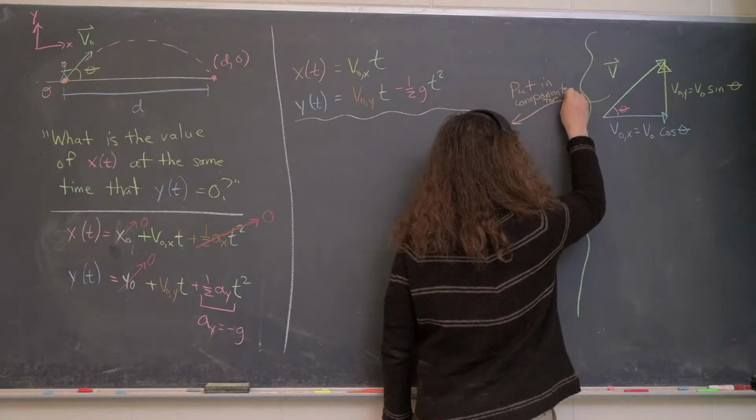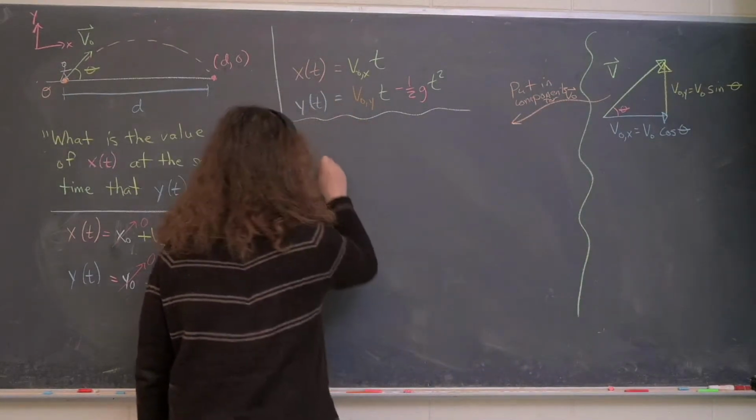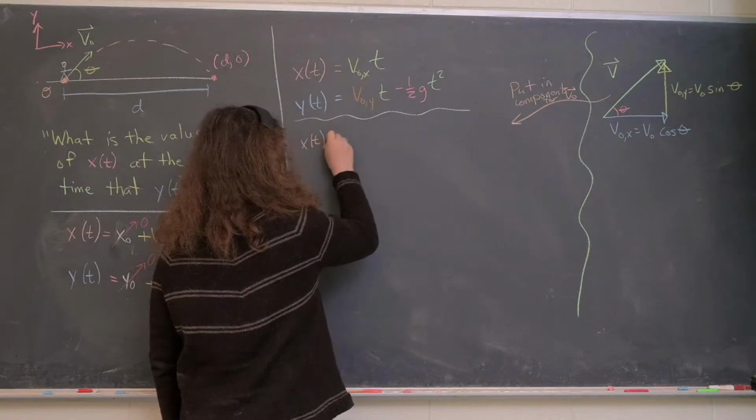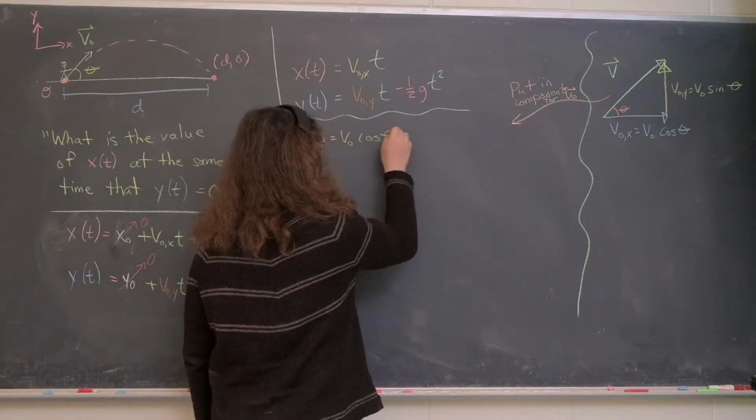Components for the initial velocity vector. And this gives me x of t is V naught cosine theta times t.